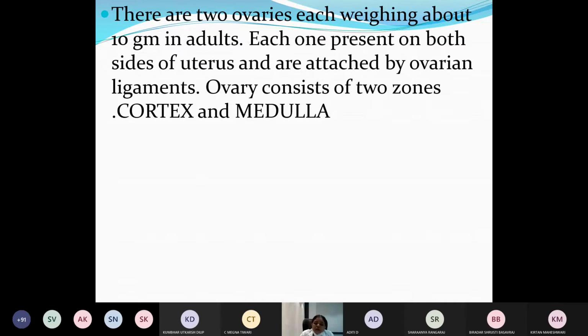The ovary consists of 2 zones, that is the cortex and medulla.